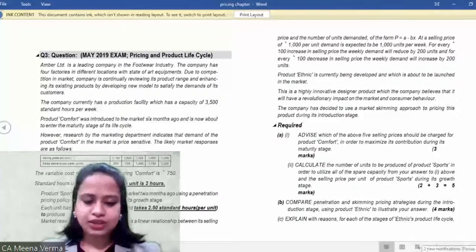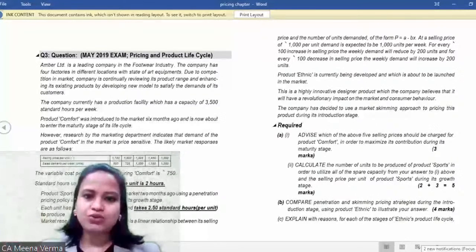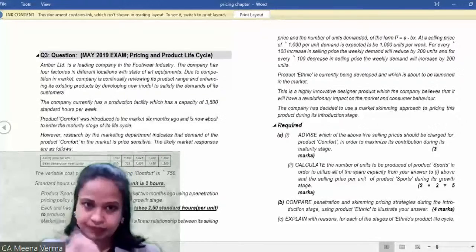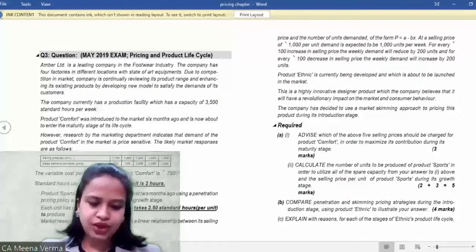Quickly tell me if you have done the reading of this entire question. If you have any query, you can ask me.